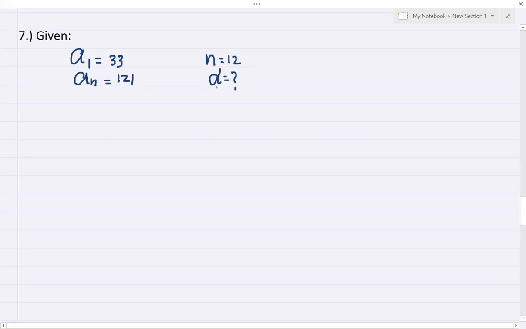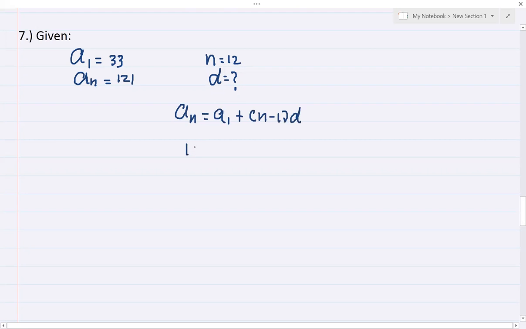Again, you have a sub 1, a sub n, and n equal to 12. Since you are asked to find the common difference, you're going to use the arithmetic sequence formula: a sub n is equal to a sub 1 plus n minus 1 times d.